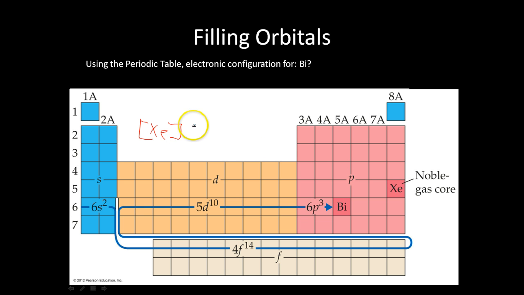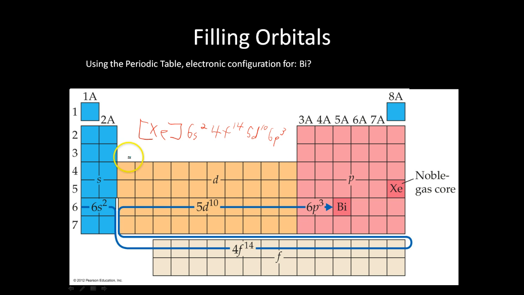And then we start doing this. We do 6s2. We have to go down to the f row, so 4f14. Bring the arrow back up to the 5d, 5d10, and then 6p3.